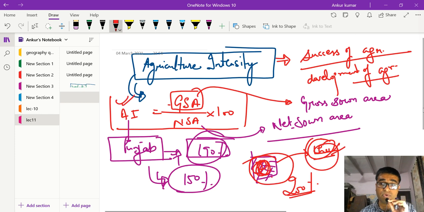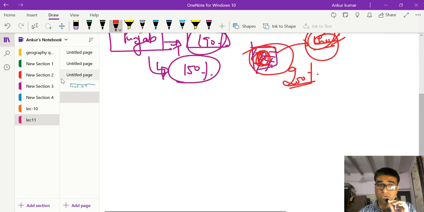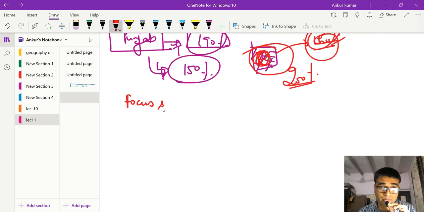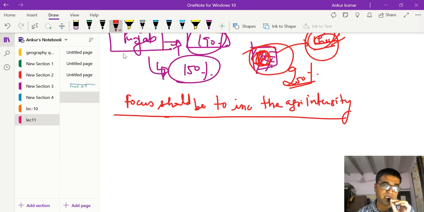Now, our focus in India should be to increase the agriculture intensity. Why am I saying that we should increase it? Let me justify this.